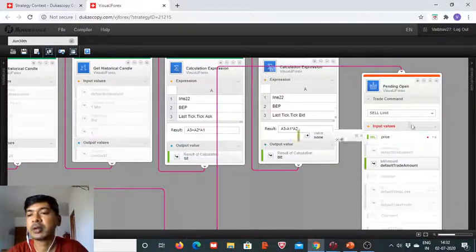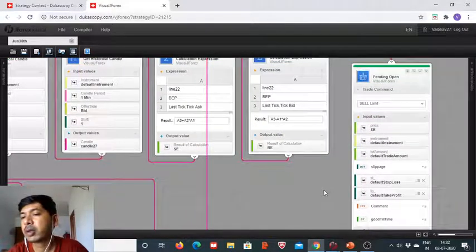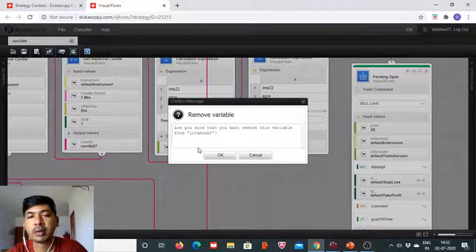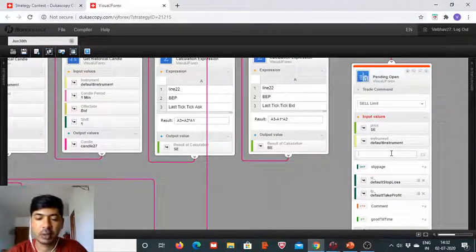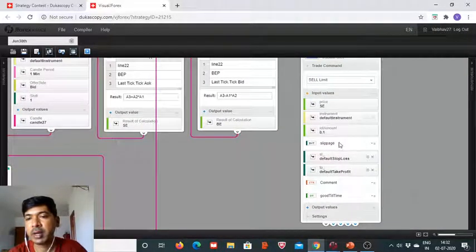This is the sale entry price, which is going to be 20% of the 80 daily ATR above the last tick price. We are going in with a lot amount of 0.1 million. Default instrument, we have done the instrument subscription for that. Slippage is going to be 2 pips.